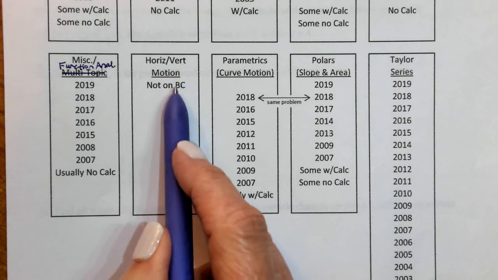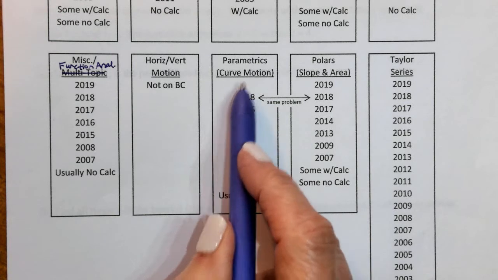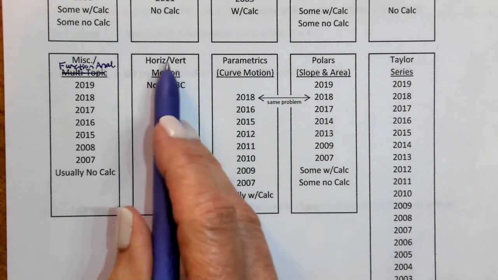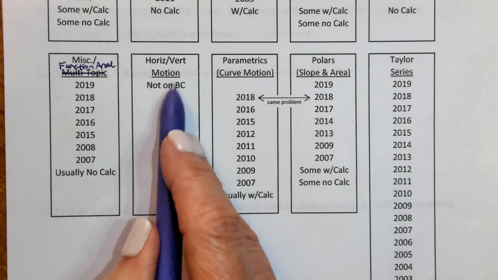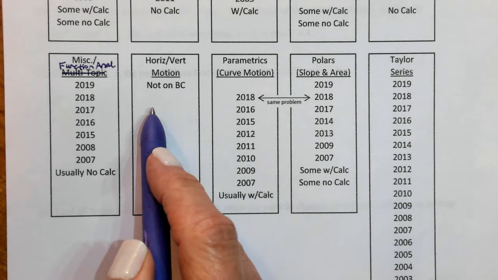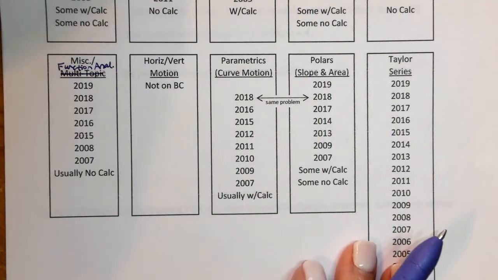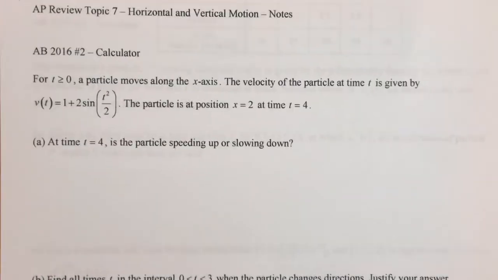But for the BC exam, they're going to cover motion in parametrics, not in just horizontal and vertical. Where you're going to see these on the BC exam is on multiple choice questions. However, it's the type of questions that we will have, that we ask ourselves whether it's an FRQ or a multiple choice question. So I always include it as one of our topics here.